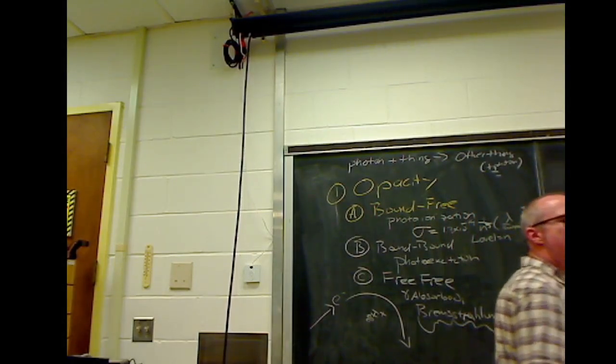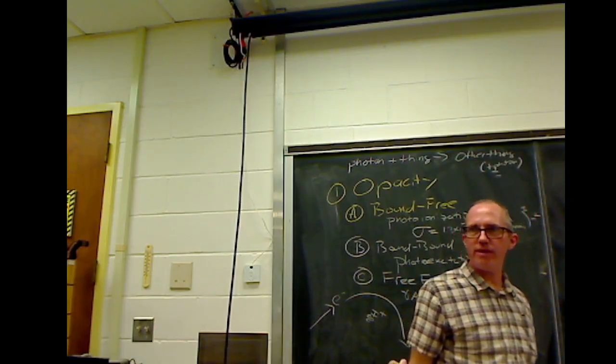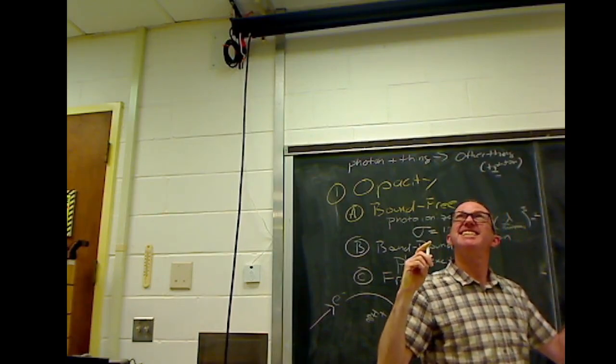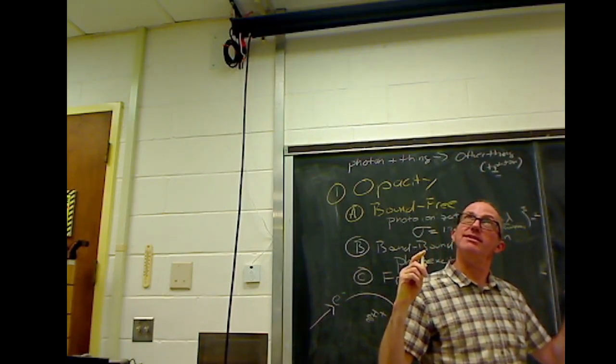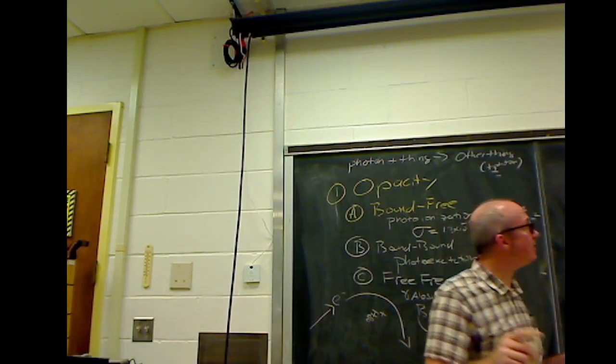So if I have an electron and a photon and they smash into each other, one of three things can happen. I think only three. I didn't do my research for this. This is a little extemporaneous, but okay.